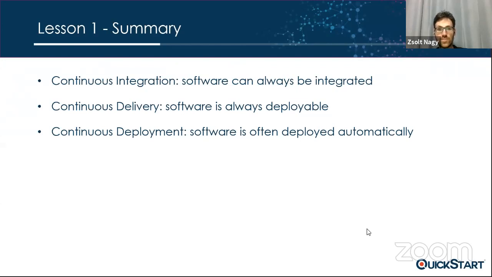And in case of continuous delivery and deployment, we also learned the concept of artifacts, which in this context means nothing else but the bundle that we create during the build process and then deploy.